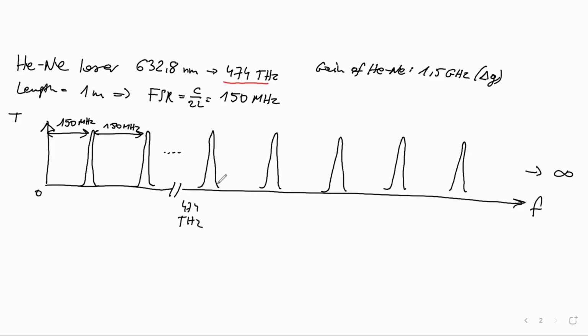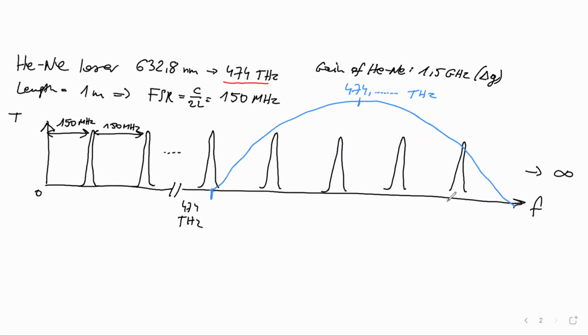Let's plot this gain bandwidth. It has a Lorentzian shape. It looks like that. So we have the center here, which is 474 point something terahertz. I don't know the exact number, but this is known up to maybe 12 or even 15 digits.